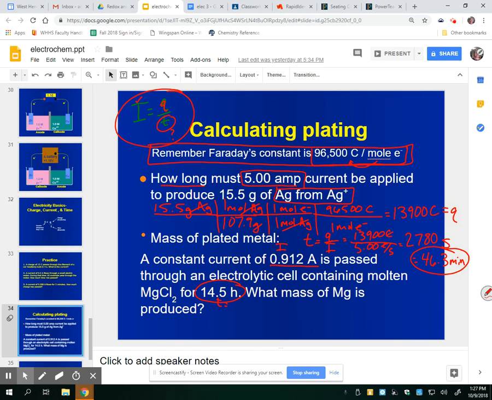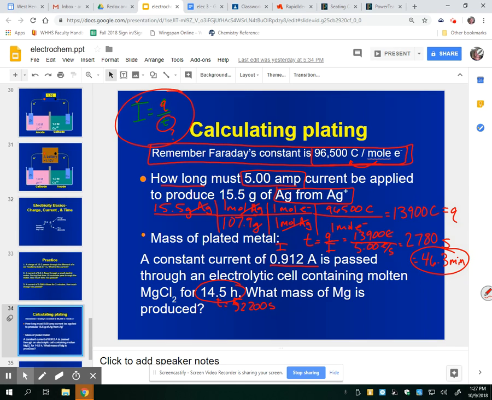So 14.5 times 60 times 60 gives me 52,200 seconds. Oh, that's a 5.